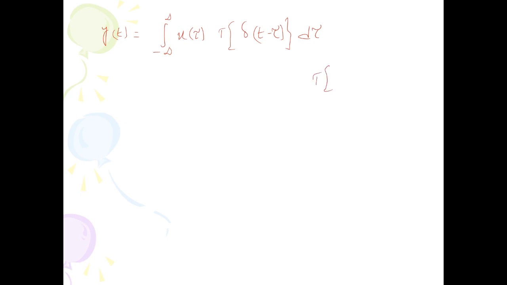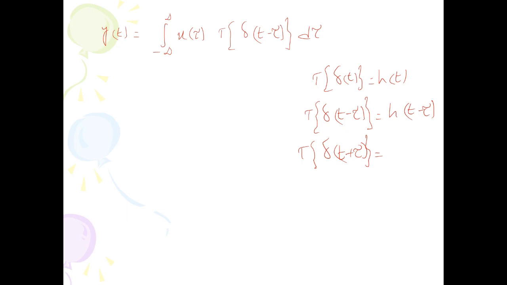The transformation of delta of t is represented with h of t. We know that whenever we apply an impulse function as input, the corresponding response is the impulse response. Because the system is time invariant, for t minus tau the same thing happens at the output, h of t minus tau. Similarly, for a positive shift, the transformation of delta of t plus tau is h of t plus tau.